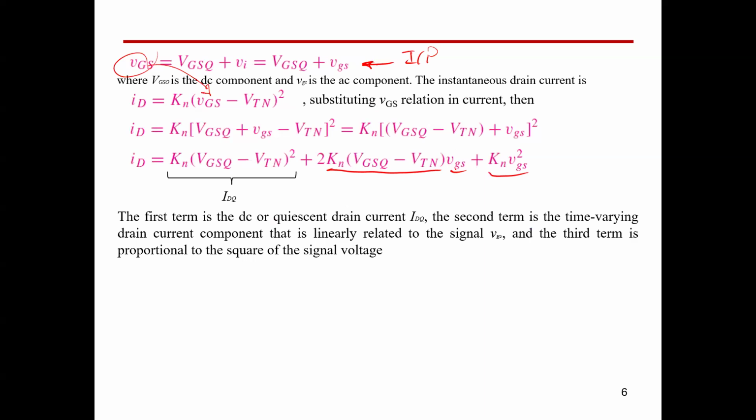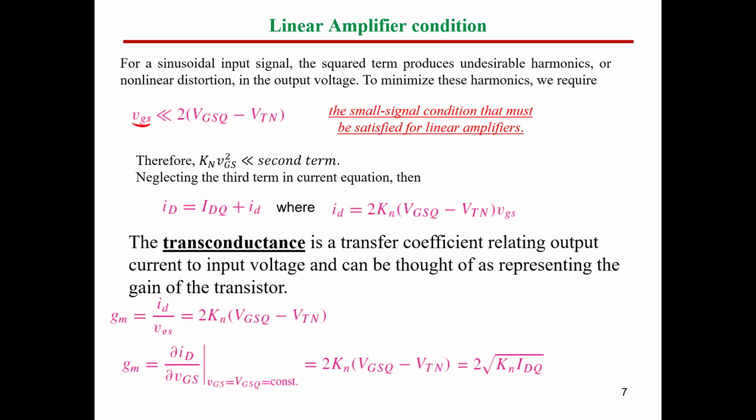If vgs is very small, squaring a small value will be very small, which means we can eliminate this part from the equation. So we can assume that this part is neglected since the AC vgs is very small. In this case, Kn vgs squared can be neglected.